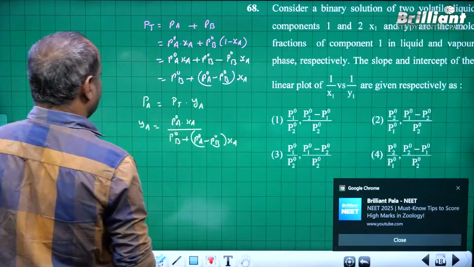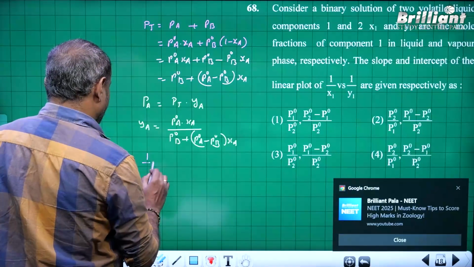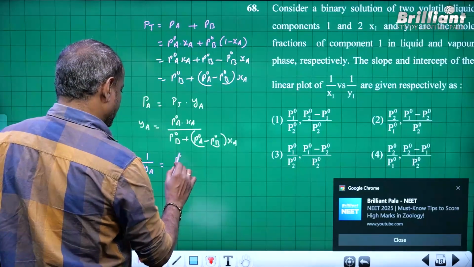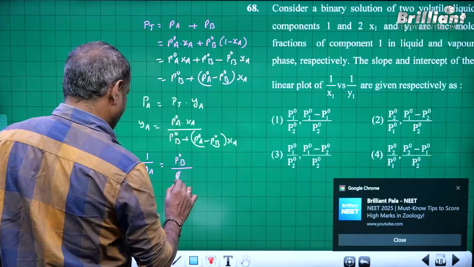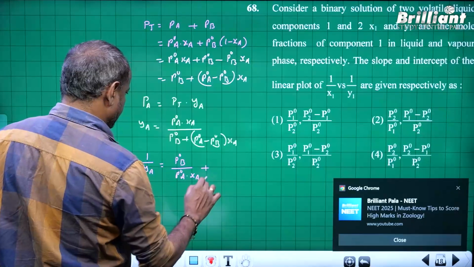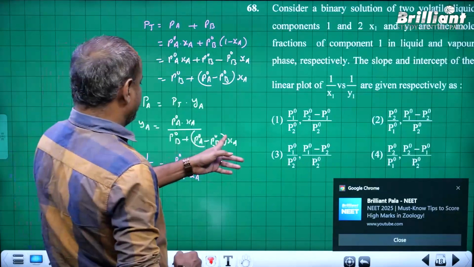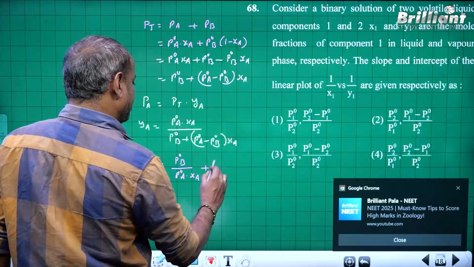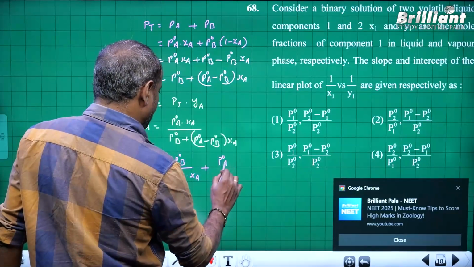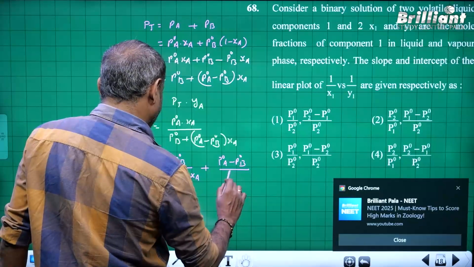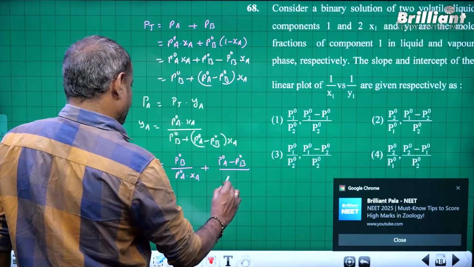Take the reciprocal: 1 by Ya is equal to P naught B by P naught A XA plus, XA cancels, the second part P naught A minus P naught B by P naught A.